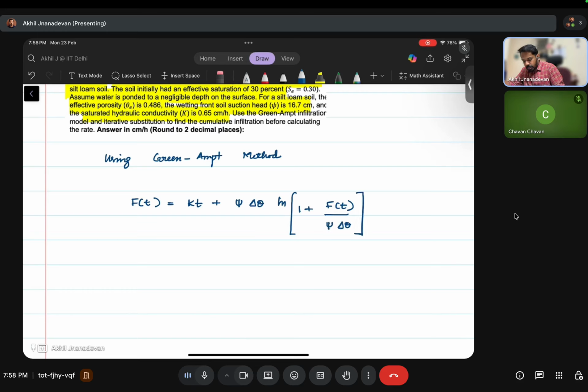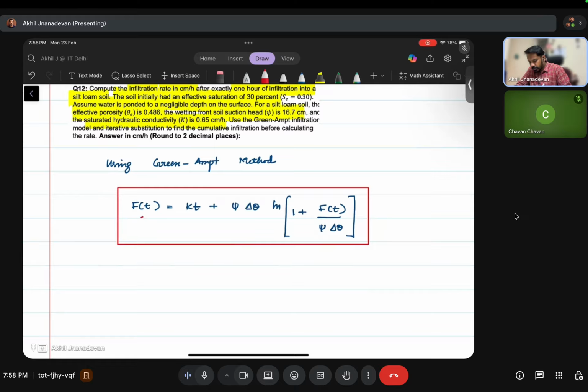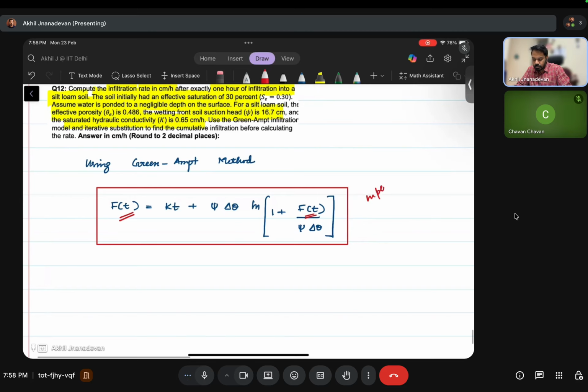This is the equation that we derived in the lecture classes. The problem with this equation was that the cumulative infiltration depth is on both sides, so it is a nonlinear implicit equation. We cannot directly find the value of F of t by solving it.